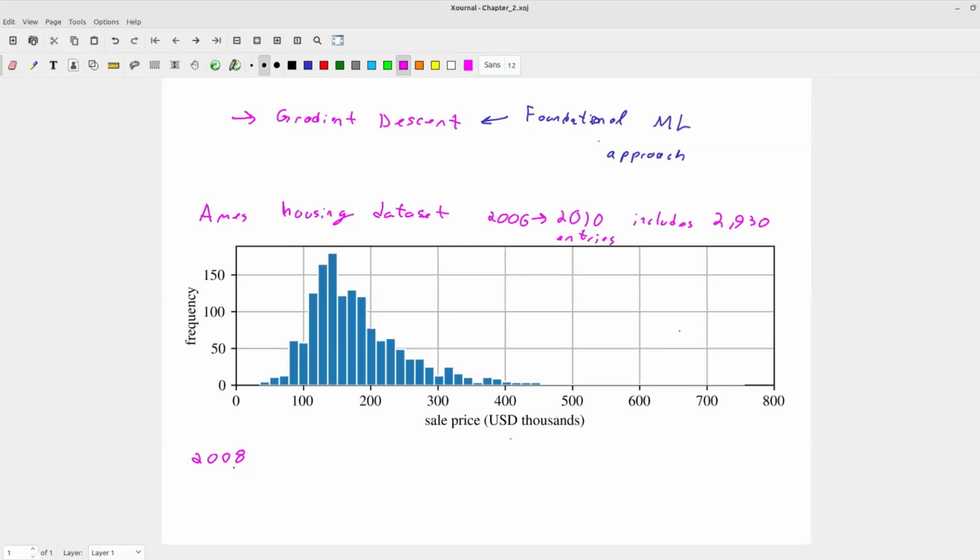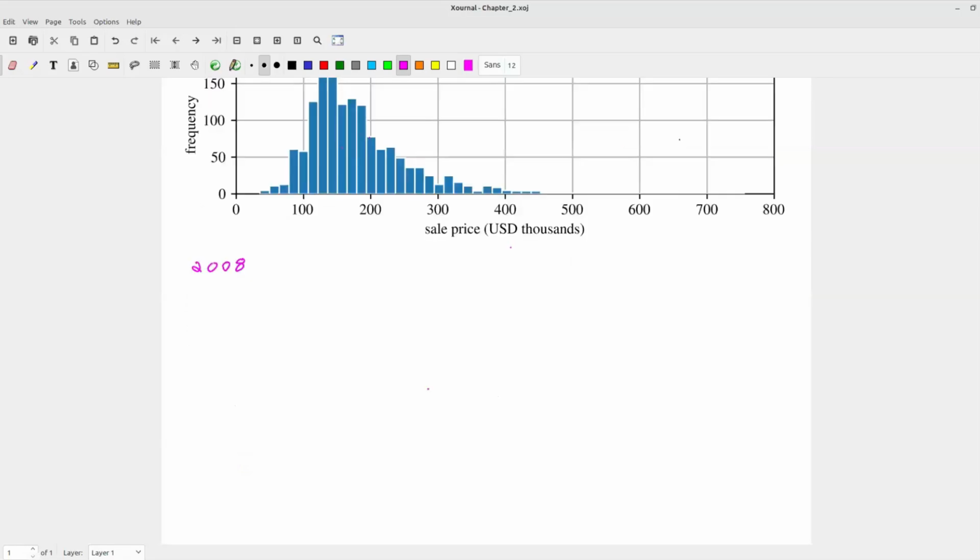And when the housing crisis hit the rest of the country, if you look at this data set, house prices in Ames never dropped. They didn't go up, but they were perfectly flat for the next 4 years. That comes with living in the Midwest. The housing prices don't get adjusted too much.